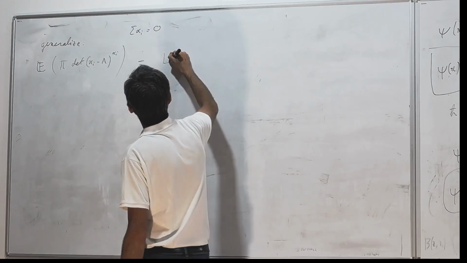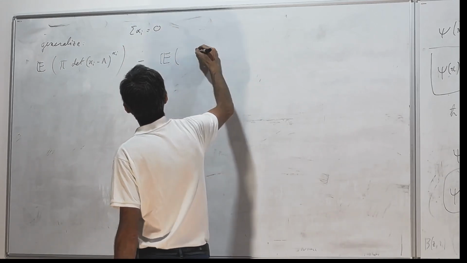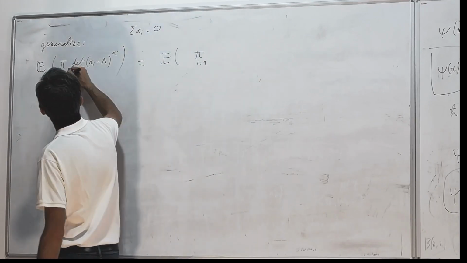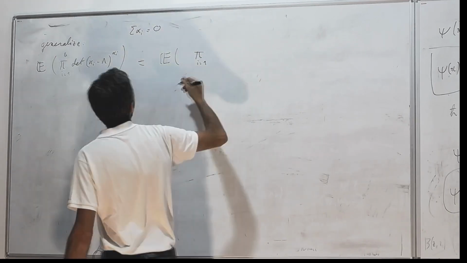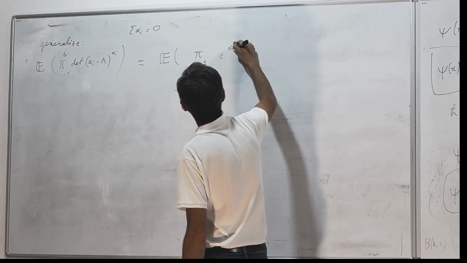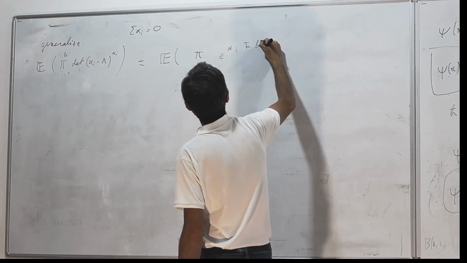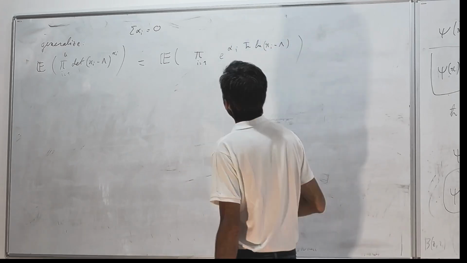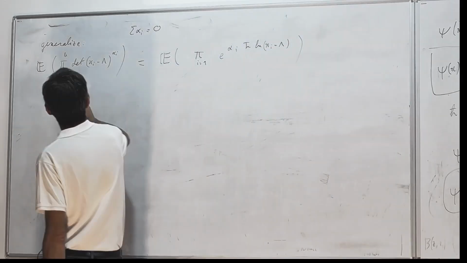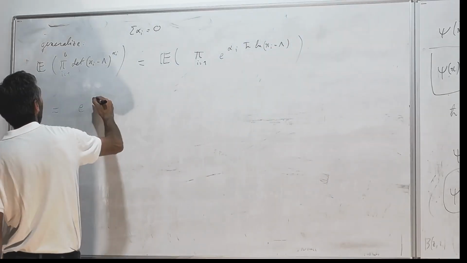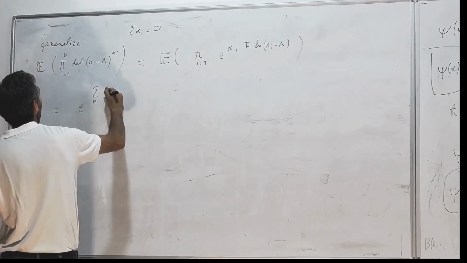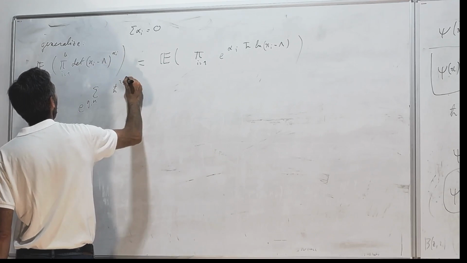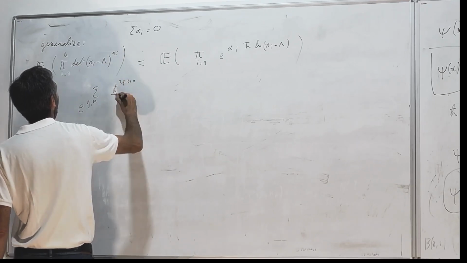This is the expectation value of the product over i equals 1 to k of exponential alpha i trace log of xi minus lambda. And you redo everything which I did, and what you find is that this is the exponential of the sum over n of g, n, h bar to the 2g minus 2 plus n over n factorial.